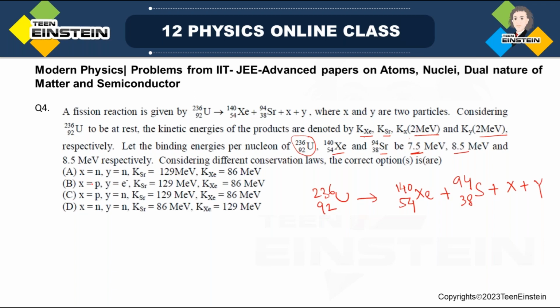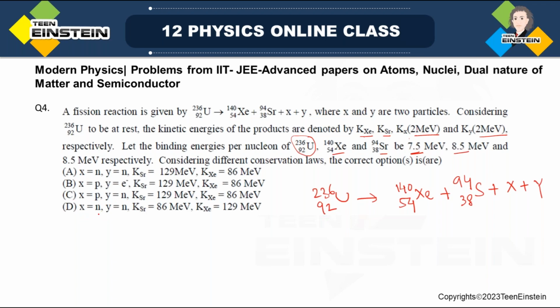Option B says X is a proton and Y is the electron, and xenon and strontium have the same energies as before: strontium 129 MeV, xenon 86 MeV. Then option C says it is proton and neutron, and energies are as given in the above options.